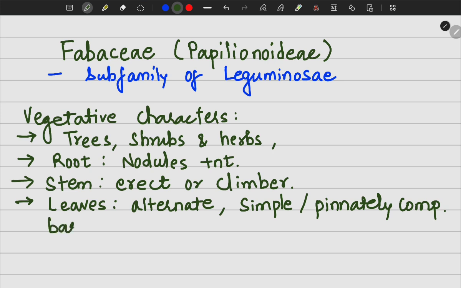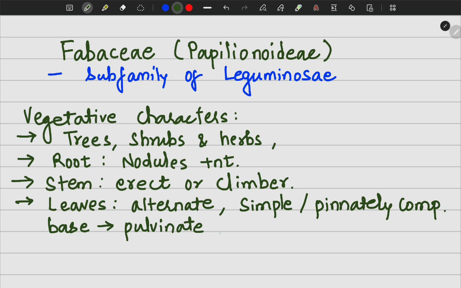The base of the leaf will be pulvinate. Now, if you remember, when we studied the parts of leaves, we studied a term called pulvinus, which is usually the swollen leaf base, and that is most commonly seen in some of the leguminous plants. So such kind of leaf base is found here, which is called pulvinate.